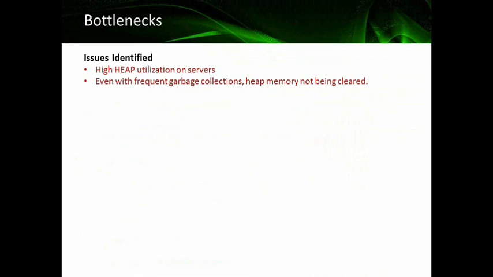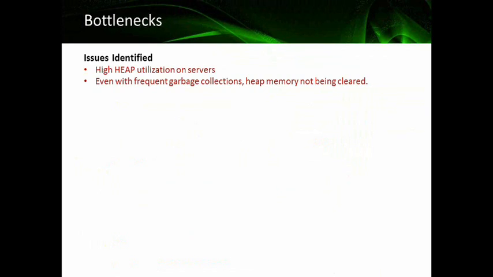So as part of our example, this is based on an actual case study we did on performance engineering of one of our healthcare systems. At the JVM layer, we noticed very high heap utilization on servers.